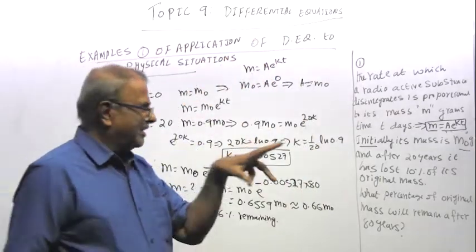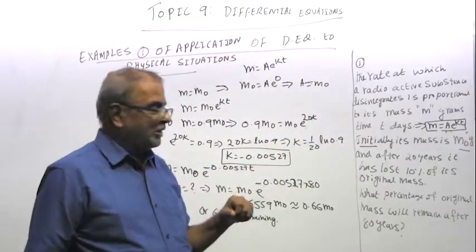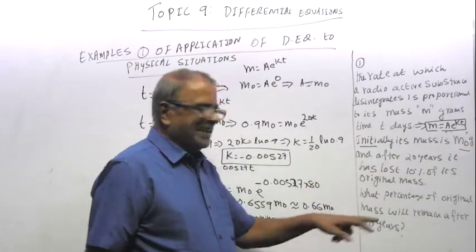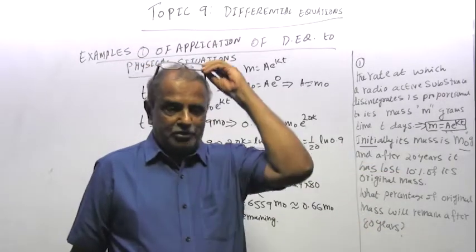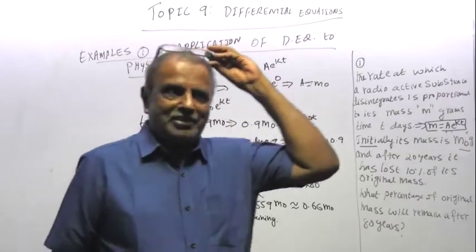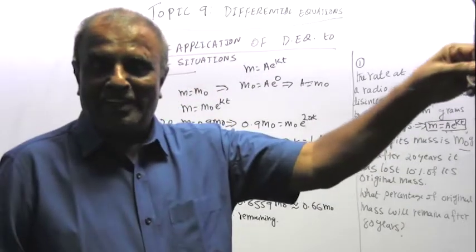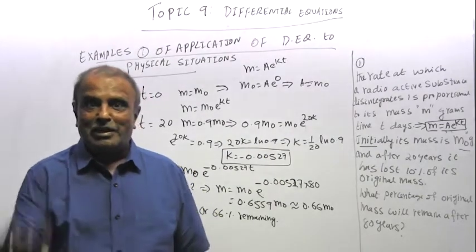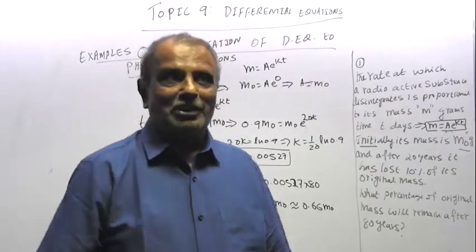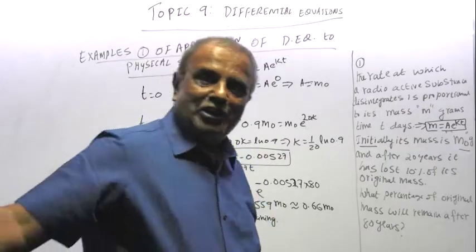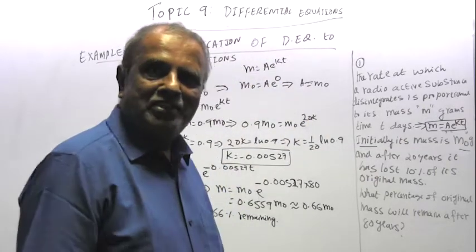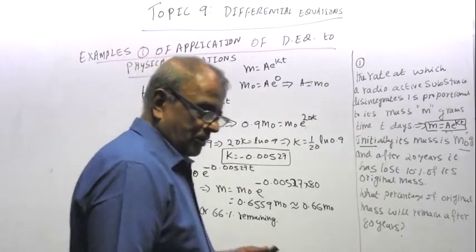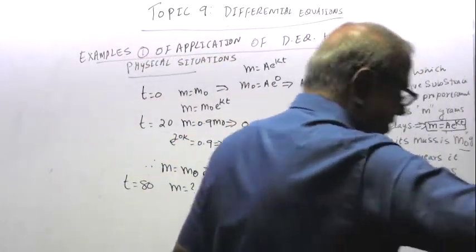As a result, I ended up getting it lost 10%, and here 94% was remaining. That means first it lost 20%, and then at the end of 80 years, it was 96% remained, lost 4%. In other words, instead of decaying, the radioactive substance was gaining mass, which is ridiculous. Anyway, so that was one question.